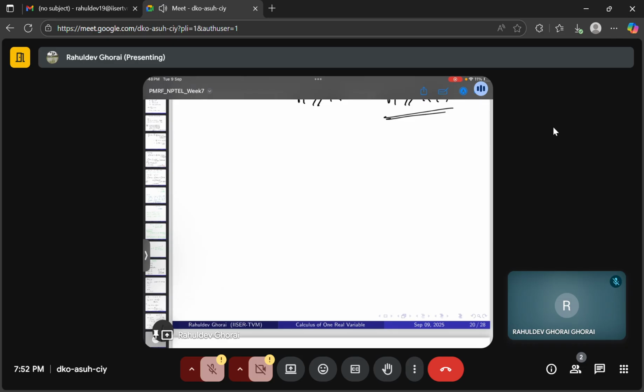So we'll do some more important limits and then we'll stop the sequences. Hopefully you know about the bounded sequence. So let's say the 1 by n sequence is bounded, right? 1 by n is a bounded sequence. Bounded sequence means the sequence xn, if it is less than M for all n, then it's bounded.